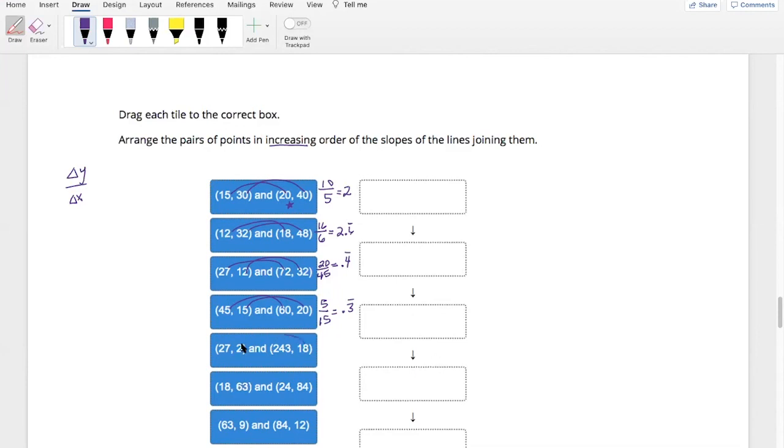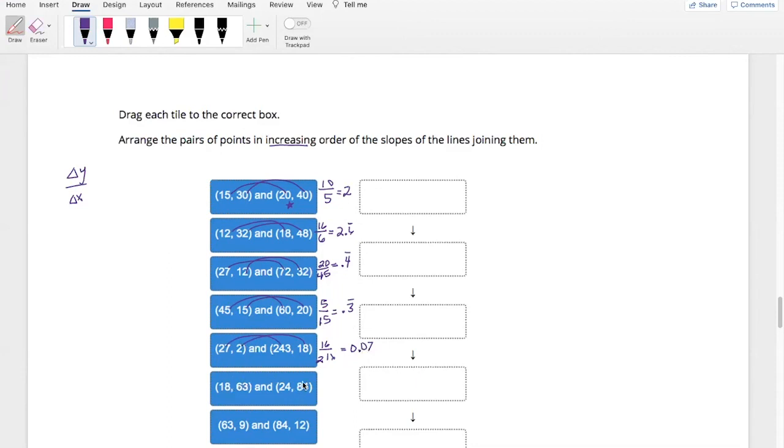Okay, this one, 18 minus 2, change in y's are 16. Change in x values, 216. If I divide that out, 16 divided by 216, I get about 0.07. So that one has quite a small slope there.